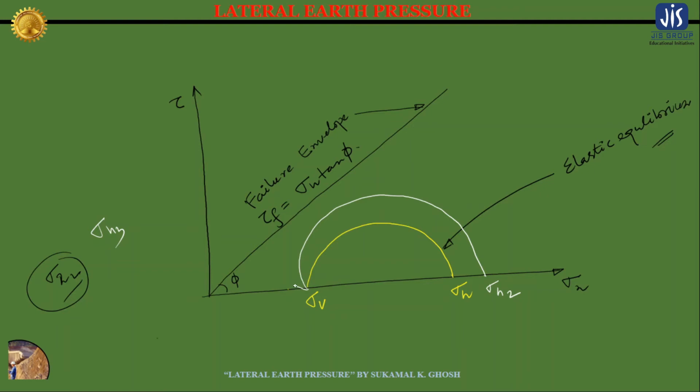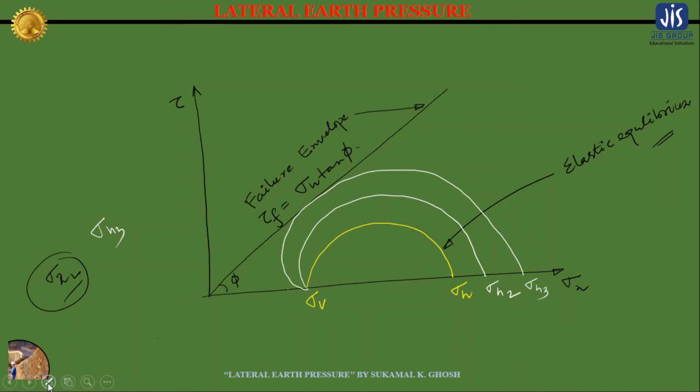Okay, so this is sigma h3. Now this time when we are drawing a Mohr circle using this sigma v and this sigma h3, you may observe that this particular Mohr circle touches the failure envelope. It means at the lateral pressure value of sigma h3, the soil reaches its plastic equilibrium.